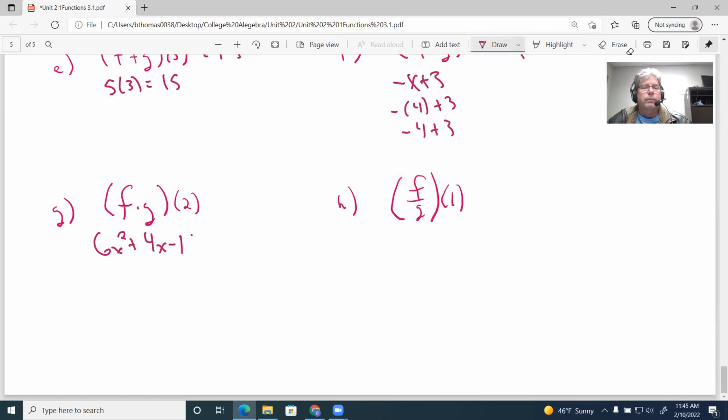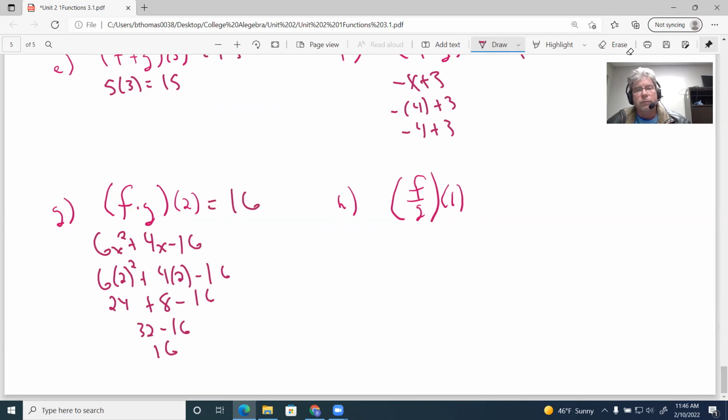And so to evaluate this at 2, I replace x with a 2. 6 times 2 squared plus 4 times 2 minus 16. Again, feel free to use a calculator. I didn't bring one with me today. So 2 squared means 2 times 2, which is 4. 6 times 4 is 24. 4 times 2 is 8, and then you have to lose 16. So it's going to be 32 lose 16. That's going to just be 16. So 16 would be our answer there to that one.